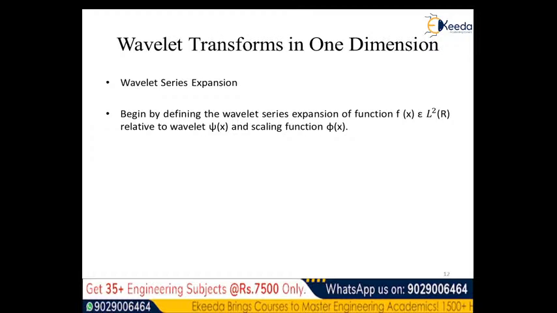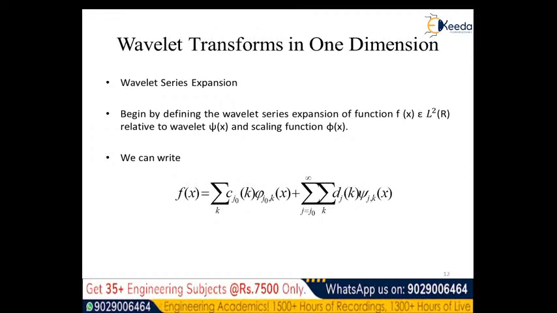Now, for the wavelet series expansion of the one-dimensional signal, we can give the mathematical expression as f of x in terms of two terms. The first term is expressed with the summation over the index variable small k of c of k, with suffix j0, multiplied by the scaling function phi of x with suffix j0 comma k. This is all added to a double summation.